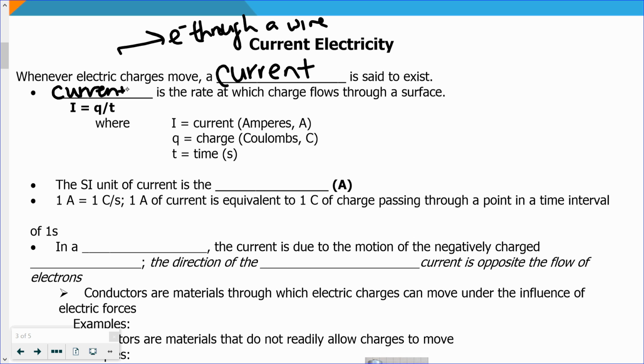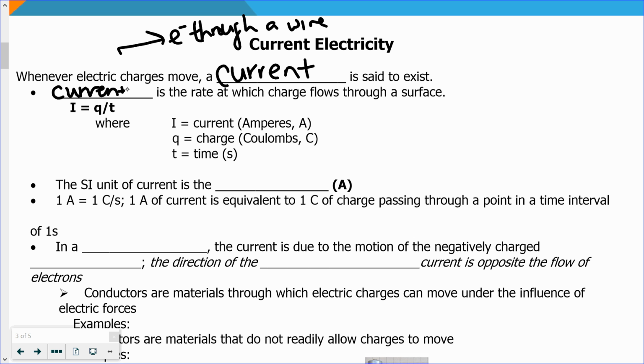So our formula for current is I equals Q divided by T. If you've already watched the Crash Course videos, you would have seen this formula. I equals Q divided by T, where I is the current measured in amperes, Q is the charge measured in coulombs, just like we had before when we were looking at electric field strength, and T is time in seconds.